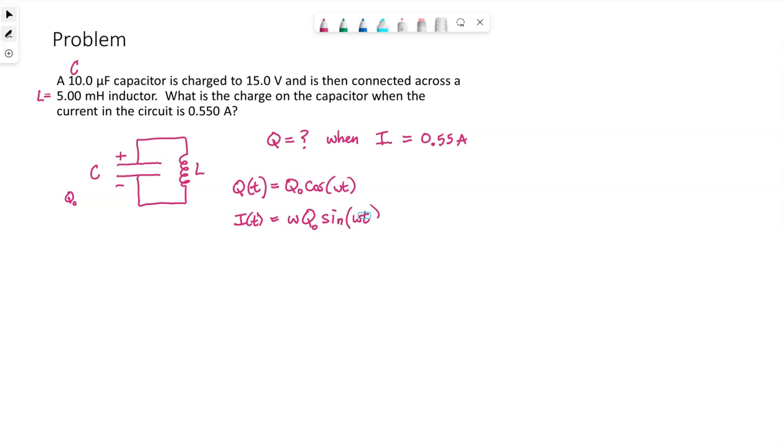So one way to go about this is we know the current is 0.55 amps. We could find the time when the current has that value, and then take that time up here and plug it in the charge equation and find the charge.